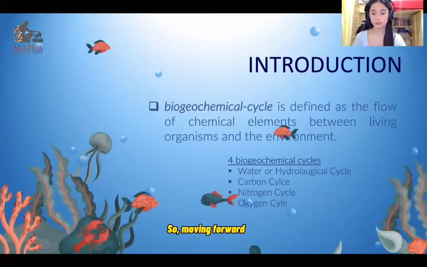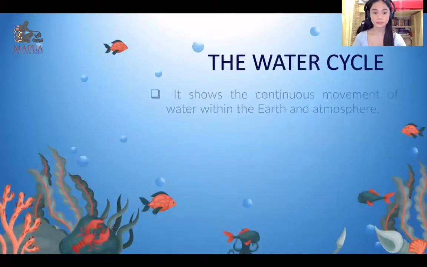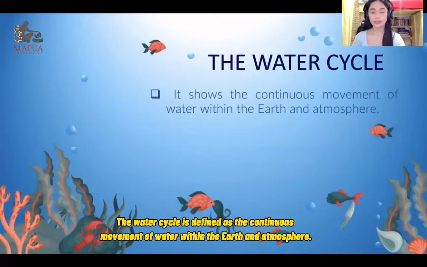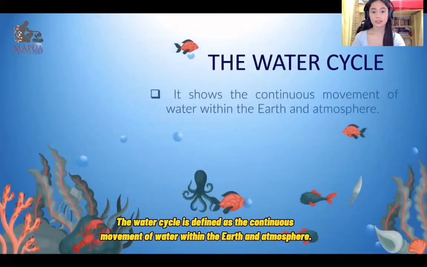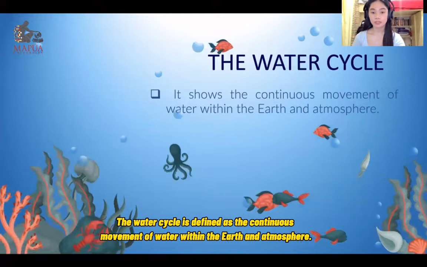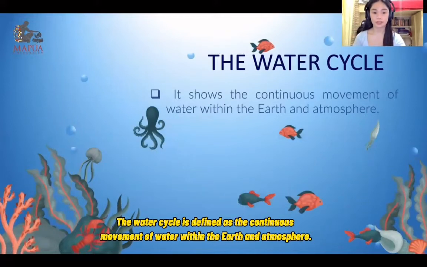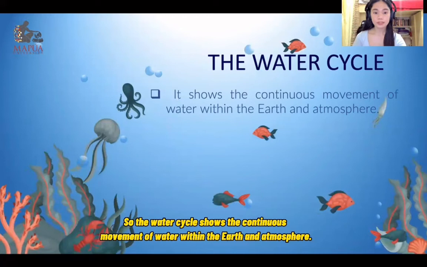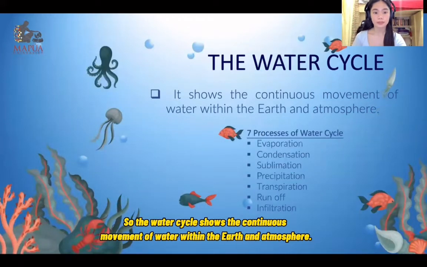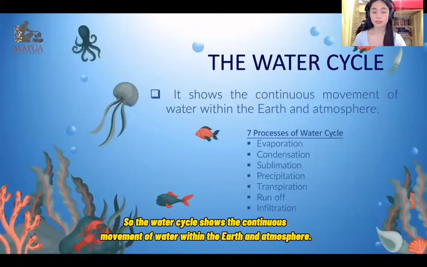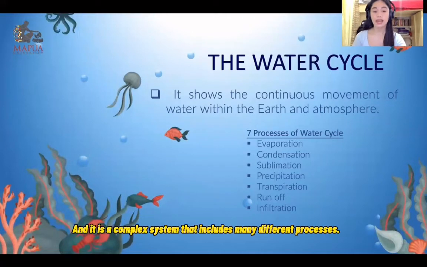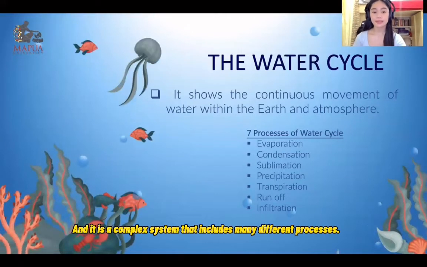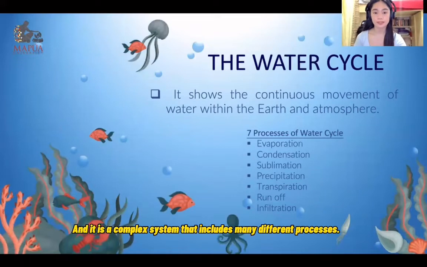So, moving forward, the water cycle is defined as the continuous movement of water within the earth and atmosphere. It is a complex system that includes many different processes.